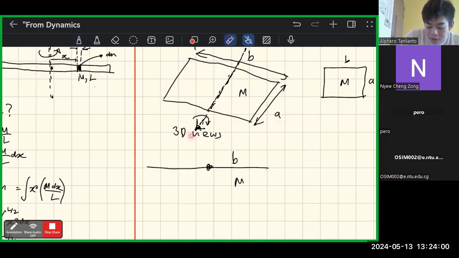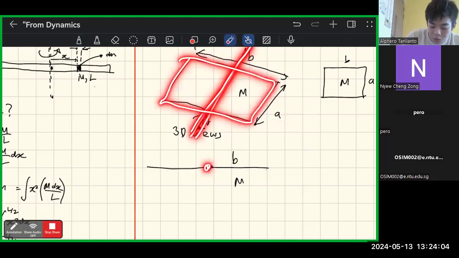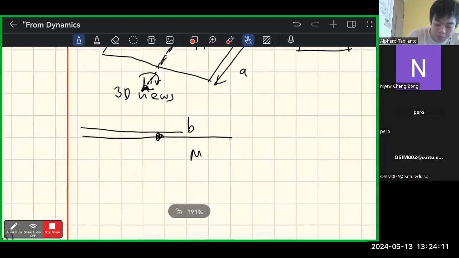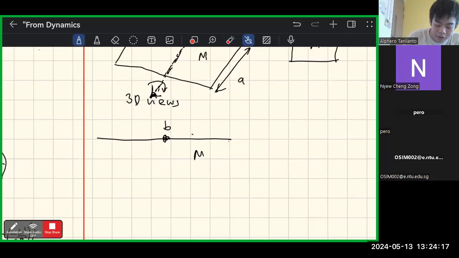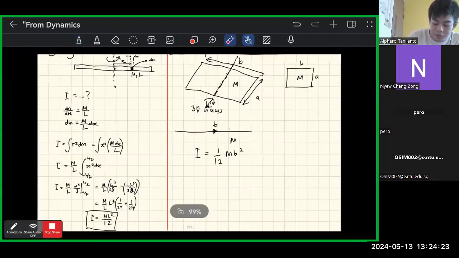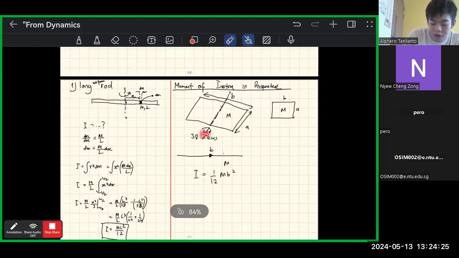So the line will be a point and the rectangle will be a rod. So B is throughout the line, and then we can say that the moment of inertia is 1/12 mb squared. Why? Because from this perspective, it is only a rod with the length of b.